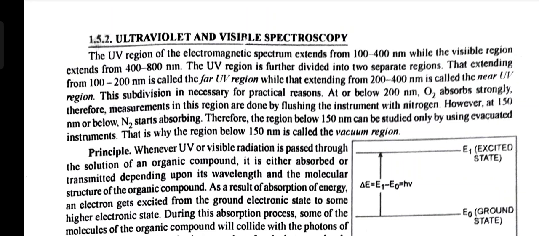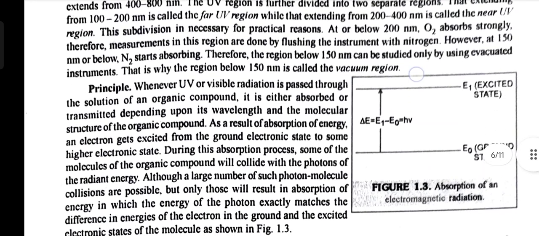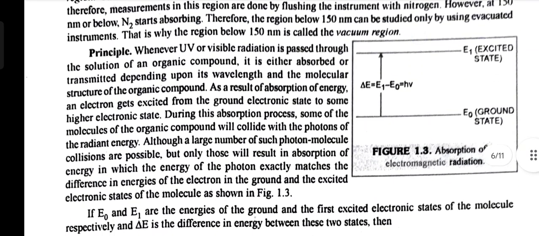Now, principle. When UV or visible radiation is passed through the solution of an organic compound, it is either absorbed or transmitted depending upon its wavelength and the molecular structure of the organic compound. As a result of the absorption of energy, an electron gets excited from the ground electronic state to some higher electronic state.